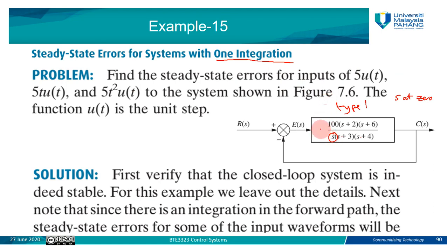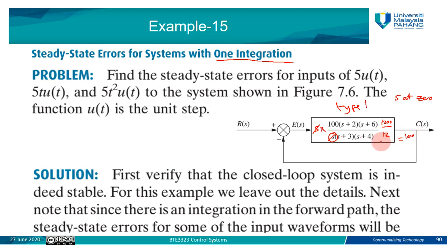With that s removed, we still have a number here. 0 plus 2 is 2, 0 plus 6 is 6, 6 times 2 is 12, 12 times 100 is 1200, correct? So the numerator will be 1200. The denominator will be 0 plus 3, 0 plus 4, so 3 times 4 is 12. So the value of Kv in this case will be 100.